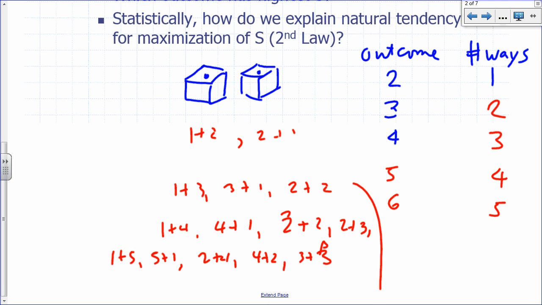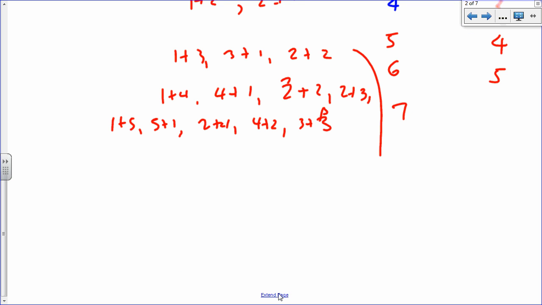How many ways can you get a 7? 6 ways. 1 plus 6, 6 plus 1, 2 plus 5, and 5 plus 2, and 3 plus 4, and 4 plus 3. That is 6 ways, right?